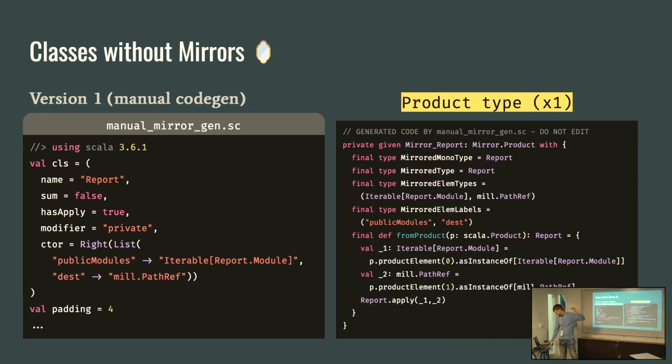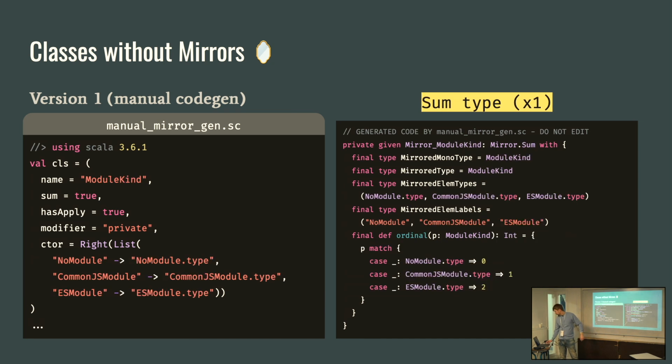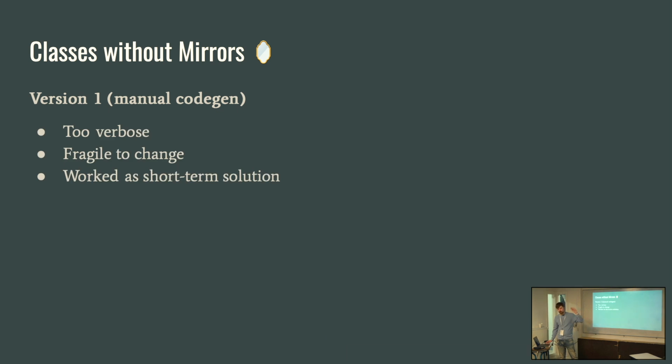Then for a product type, so that was one of these classes that isn't a case class, and one for some type. The problem with that is it's very verbose and very fragile, because anytime you add a new field, you have to regenerate the code. Not great, but it was a good short-term solution to just try and get that test running.